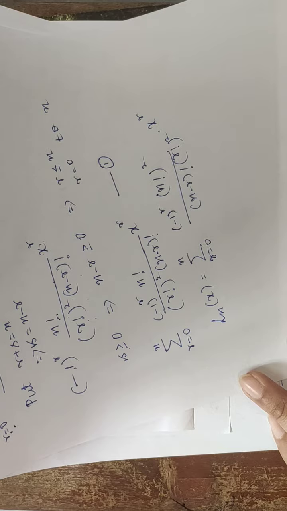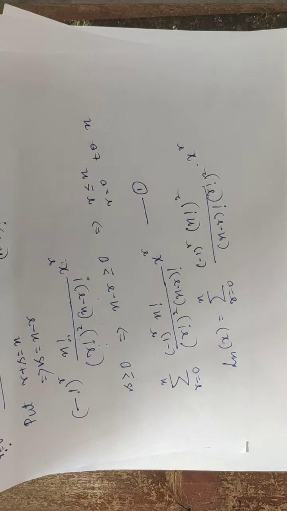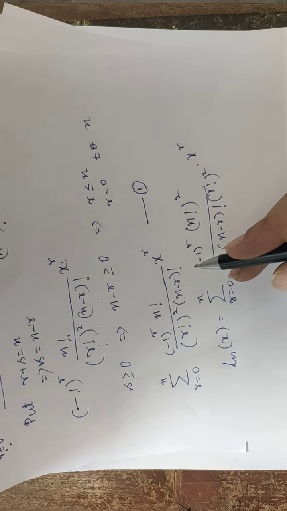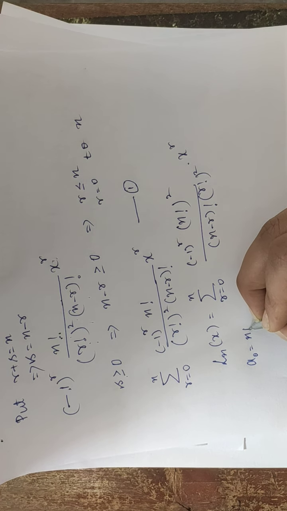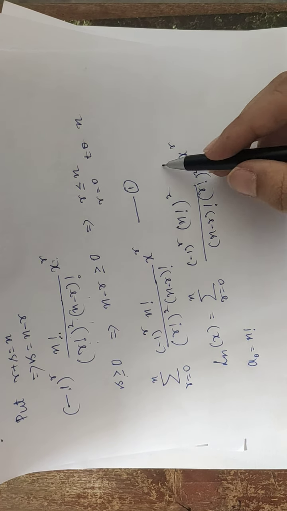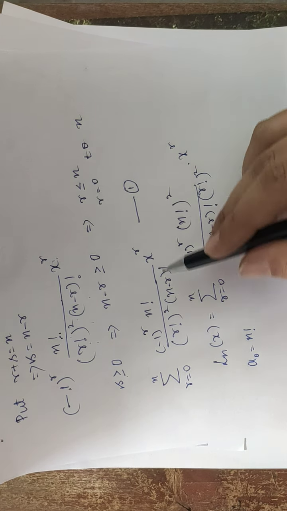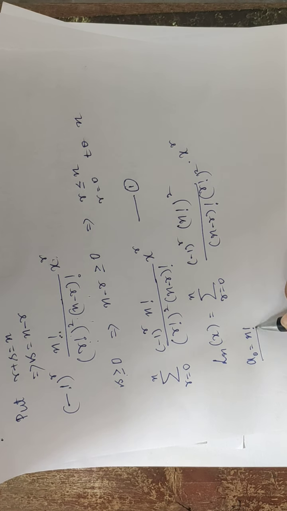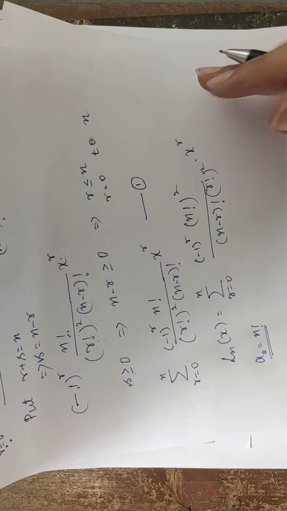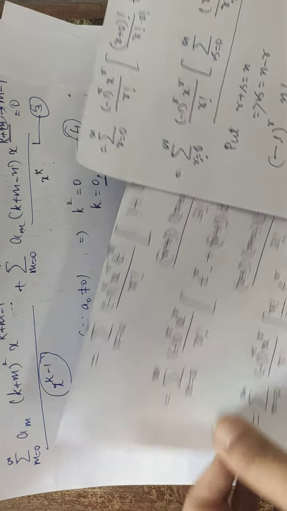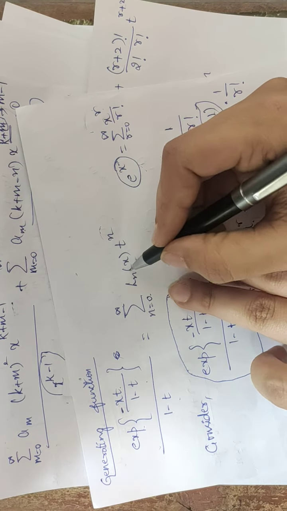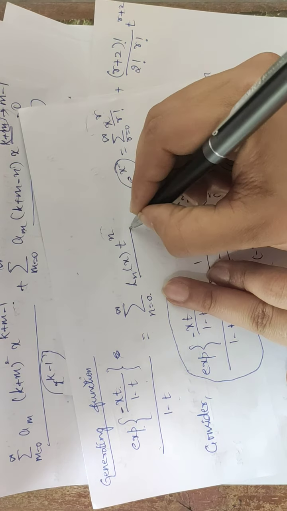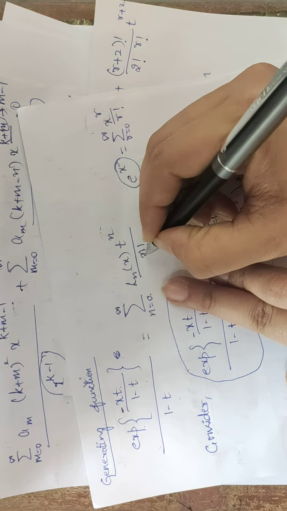As I mentioned in the definition part of Laguerre polynomial, if a0 is equal to n factorial, then you will get this definition. If you are considering a0 is equal to n factorial, in your generating function statement you will get L n of x into t power n by n factorial.